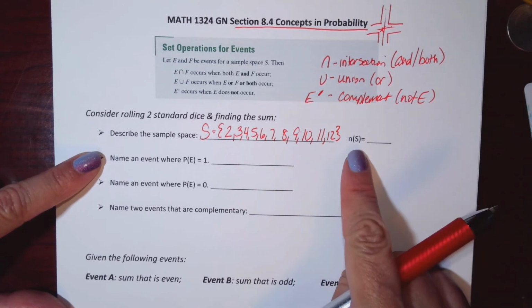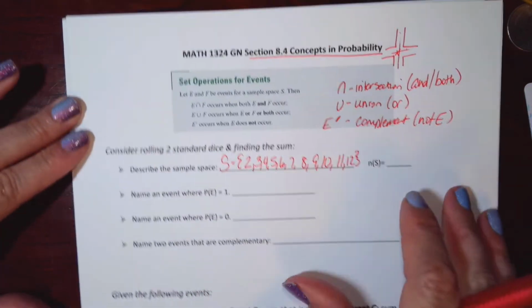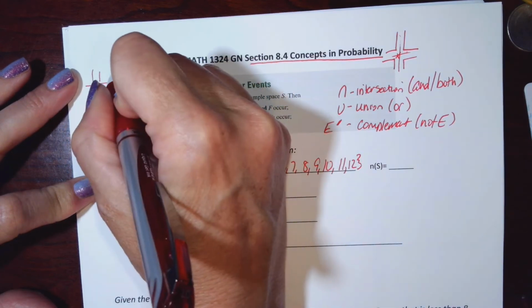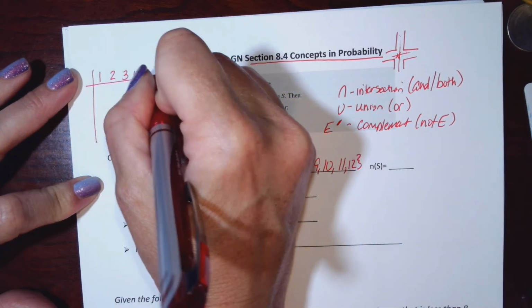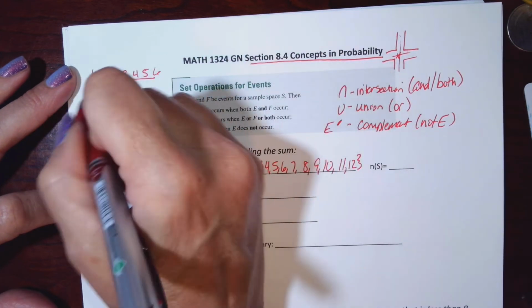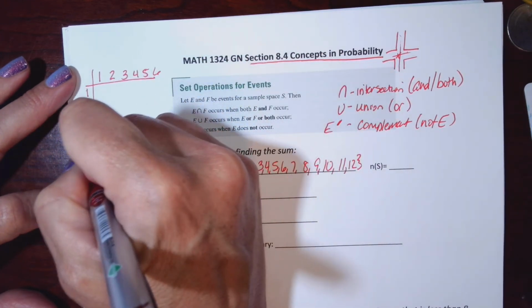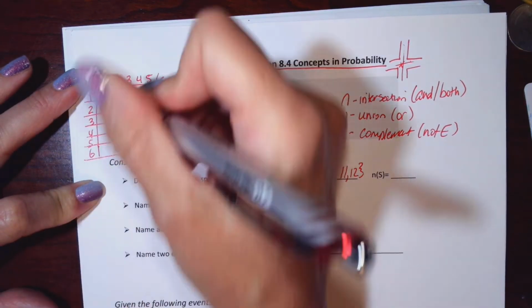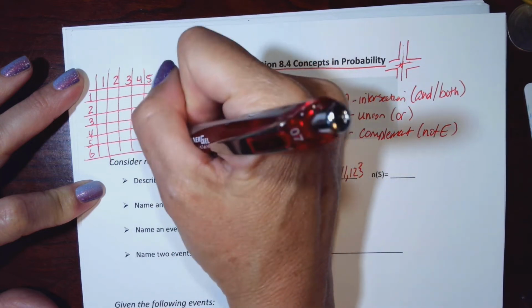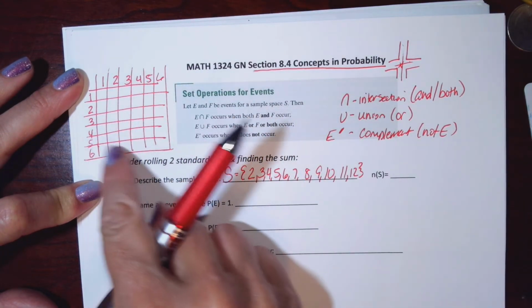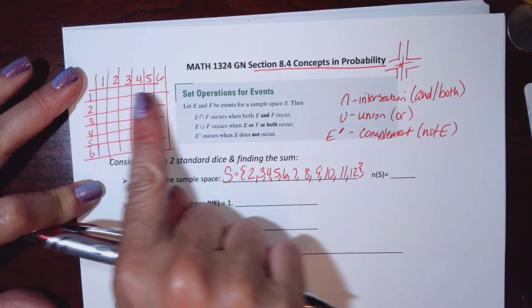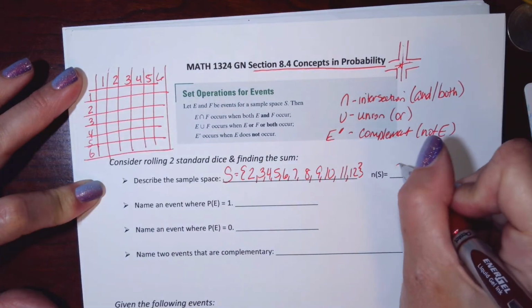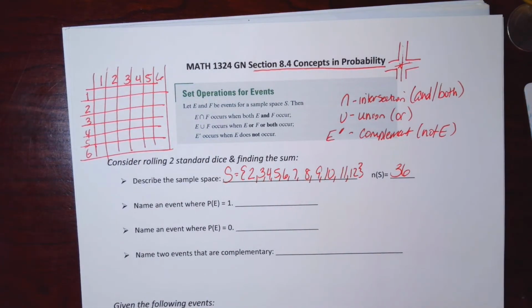Now, how many different outcomes are in that sample space? If I look at pairing them up, on my first die I can roll 1, 2, 3, 4, 5, or a 6. On my second die, I can roll a 1, 2, 3, 4, 5, or 6. If I set this up like a grid, filling in possible outcomes for my sample space, I've got 6 rows and 6 columns, so it is a 6 by 6 grid, which means there are 36 total outcomes in my sample space.